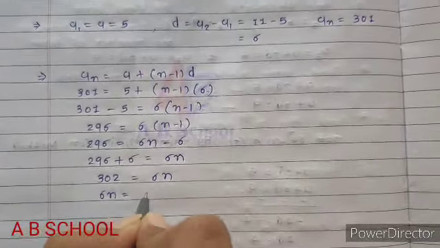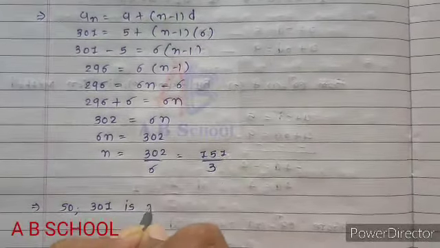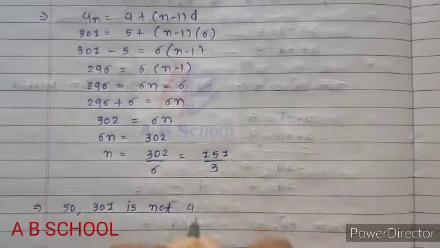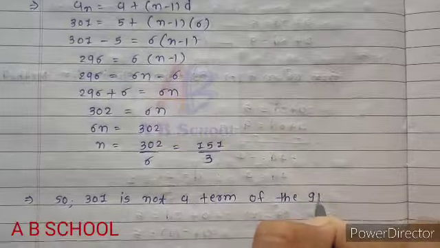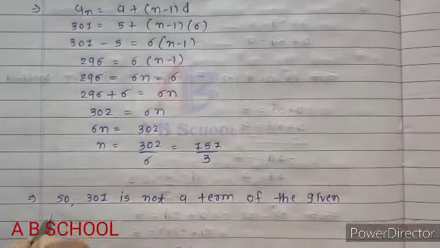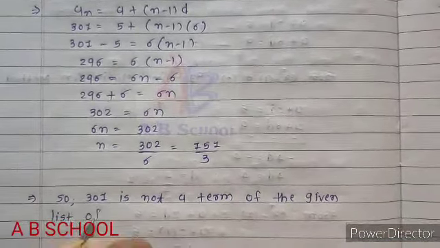So it's not possible. Value of N is equal to 151 divided by 3. So 301 is not a term of the given list of numbers.